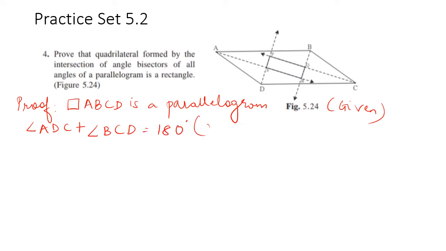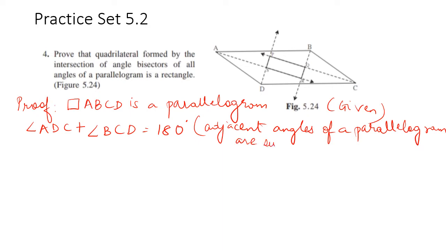The reason being the adjacent angles of a parallelogram are supplementary. That means angle ADC plus angle BCD is equal to 180 degrees because they are the adjacent angles of the parallelogram and they are 180 degrees.